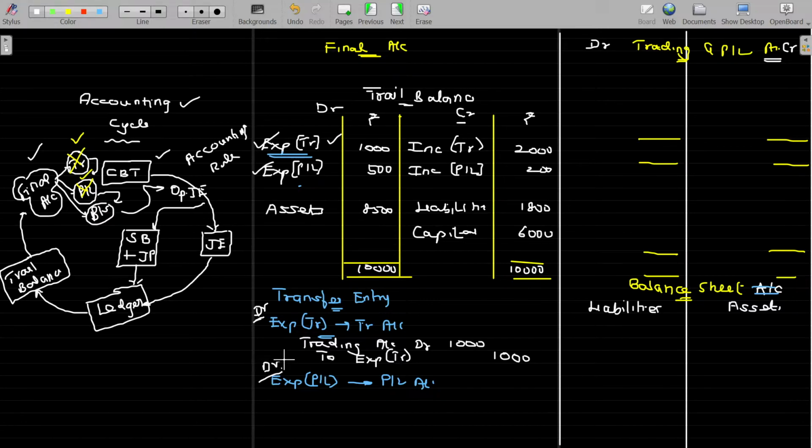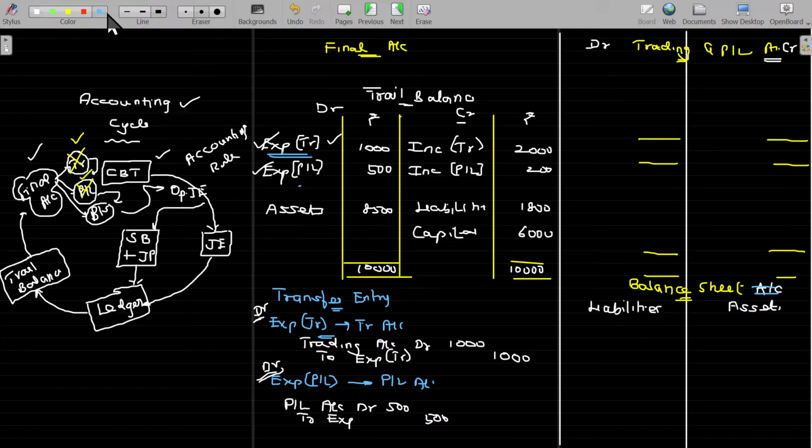We have to cancel it by crediting it. Okay, so credit expenses, this value being 500, and it should now be debited to the profit and loss account. Is that okay? Hope you could understand.